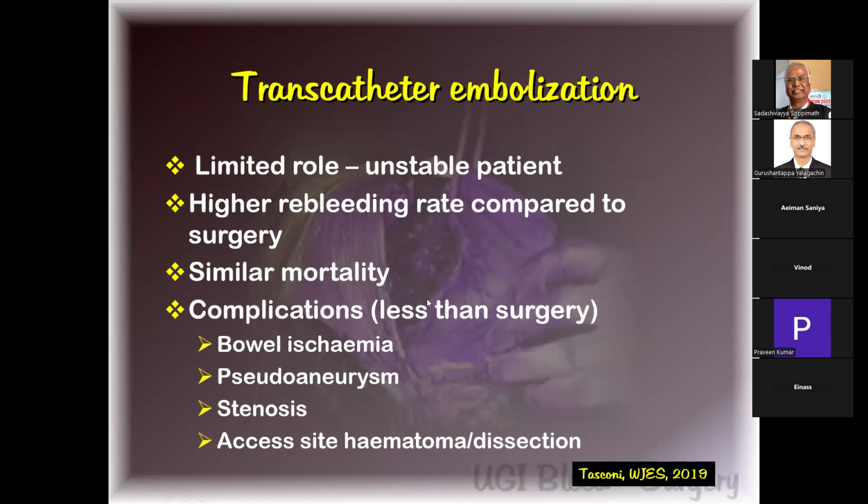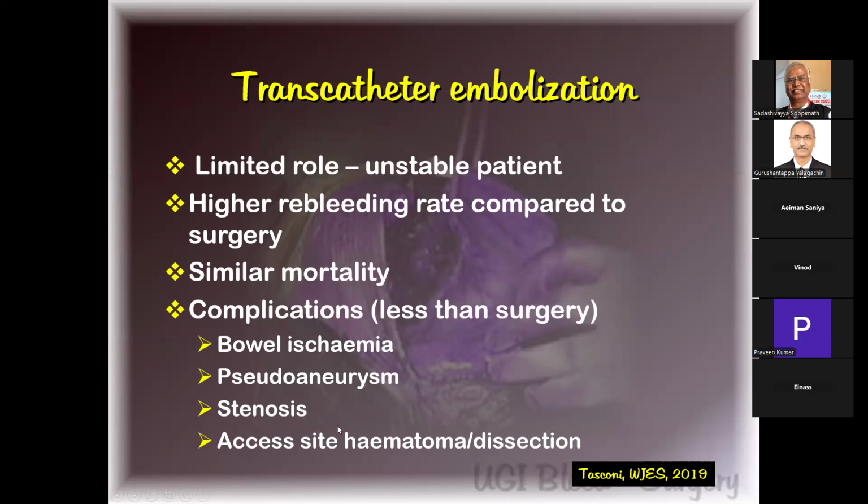It has a higher rebleeding rate compared to surgery, just like endoscopic interventions, with similar mortality. While general complications like wound infection and post-op sepsis are less, there is a distinct possibility of bowel ischemia and pseudoaneurysm, which can burst and give an intraperitoneal bleed during that admission or a little later.